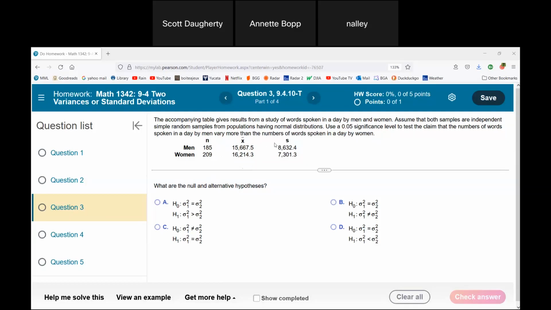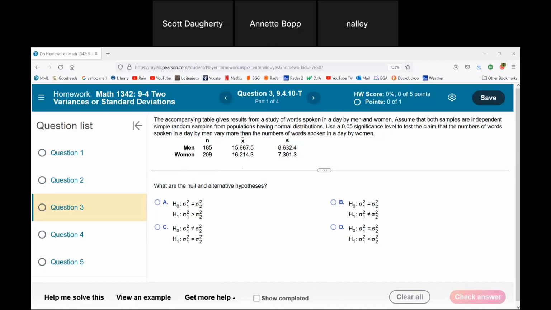Women talk maybe a little bit more, but the variation is not as great as for men. There might be men that don't talk a lot, and men that talk a lot, and that creates a lot of variation. Whereas for women, they're claiming that there's not as much variation in the number of words that they speak in a day. So to test the claim, they took some samples.